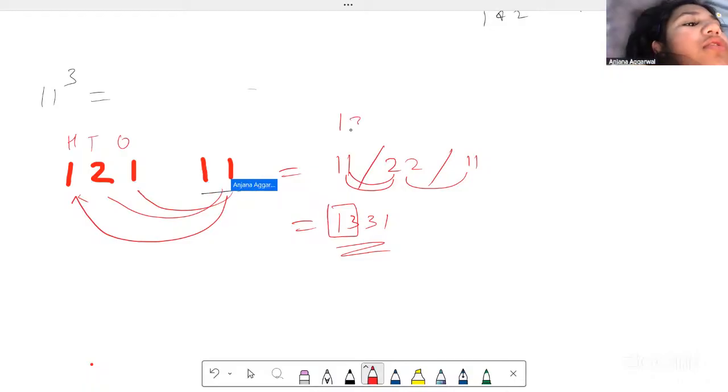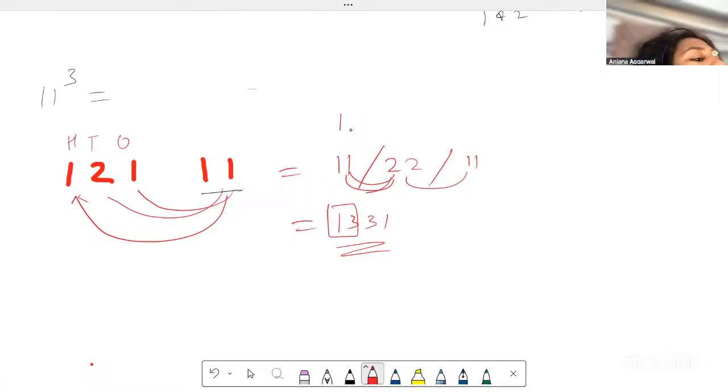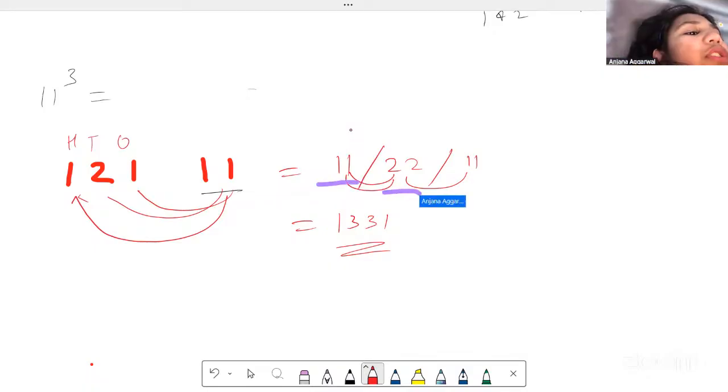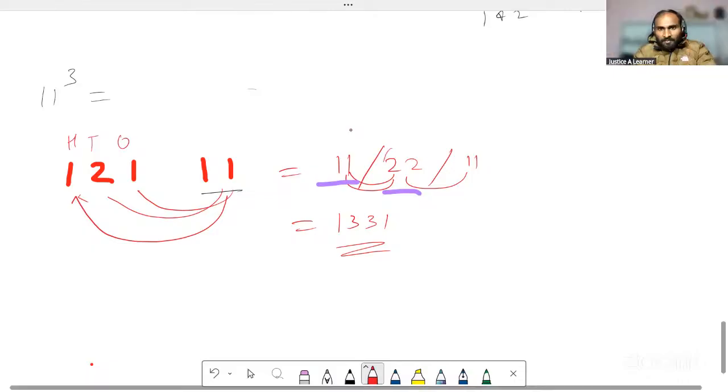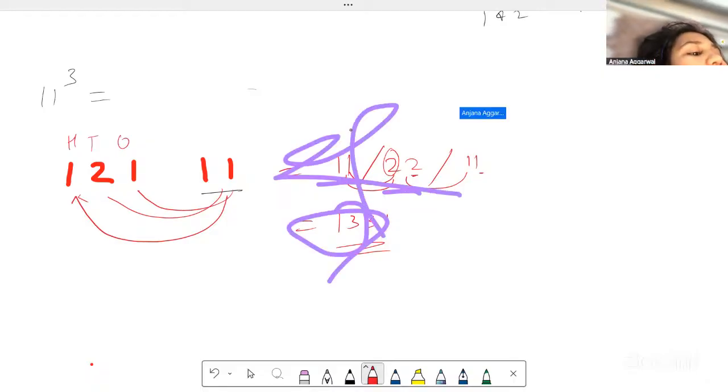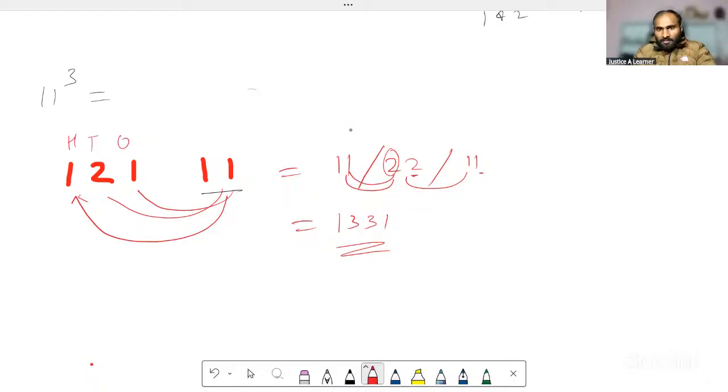Which two numbers have you added? You've added these two numbers, which get 33. I wrote 13 because 2 and 1 is added, then this is 3, and this then is once. Confusing. I don't get this part.